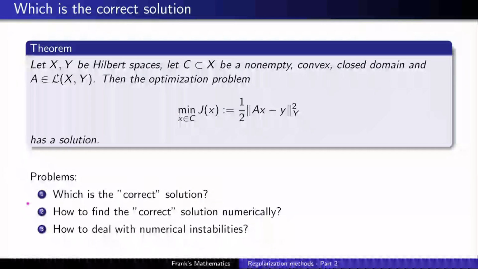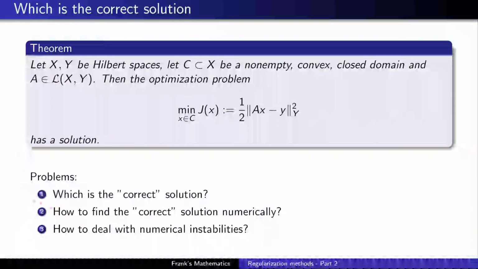But physicists usually, when they are minimizing some energy potentials and stuff like that, don't pinpoint me on that, they always look for the solution with the minimal energy, meaning the solution which has a minimal norm in our space X. And keep this in mind, this will be important later on.